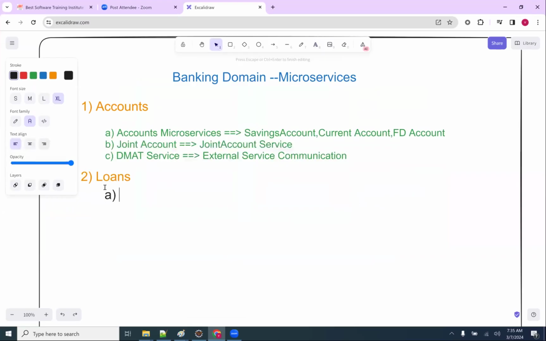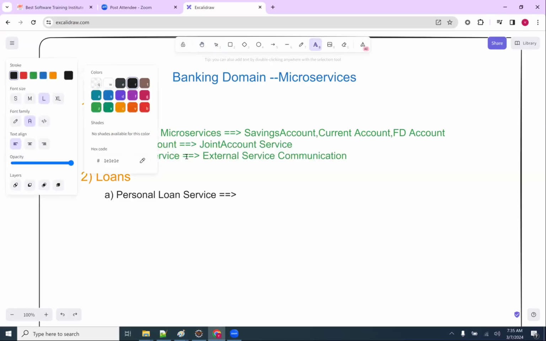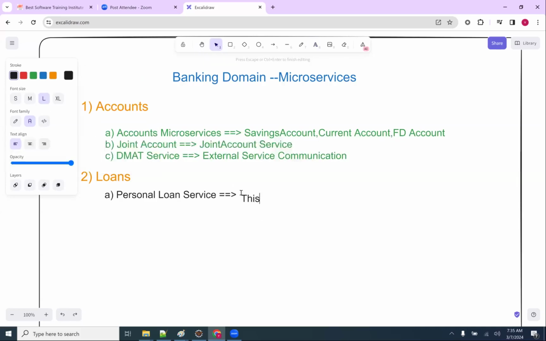First in the list is the personal loan service.